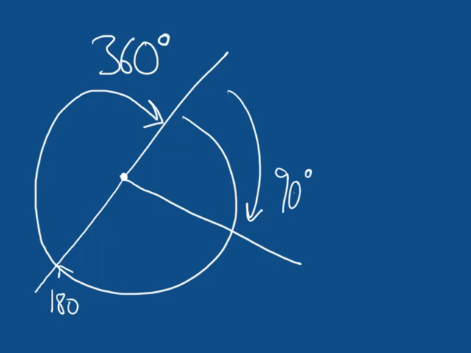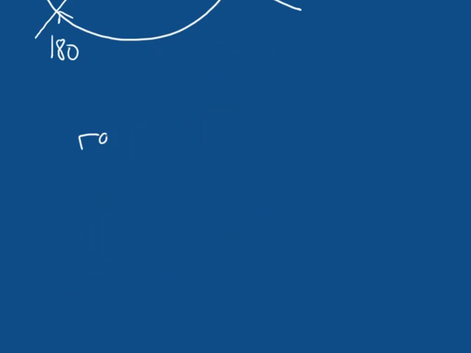So introduced in the 1700s, the angular measurement used by mathematicians to this day is the radian, and that is spelt R-A-D-I-A-N, the radian. Now, technically speaking, the term radian itself wasn't introduced until the 1800s, but the concept behind radians was introduced in the 1700s.